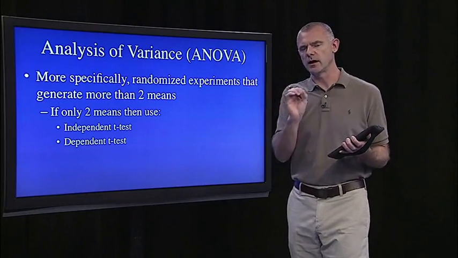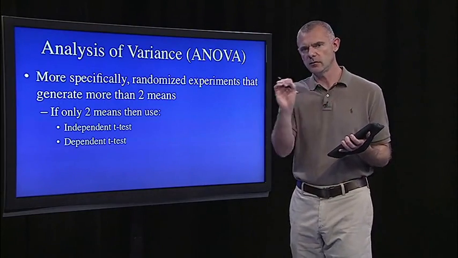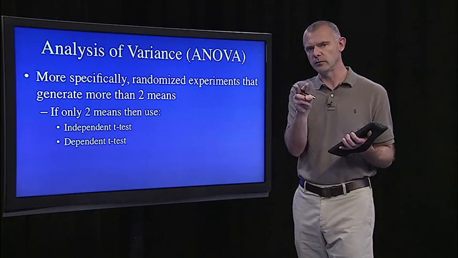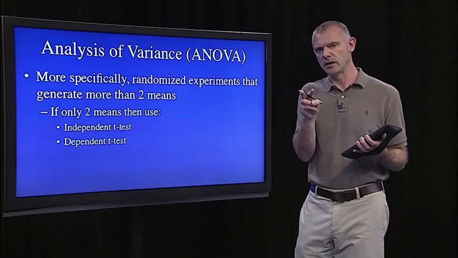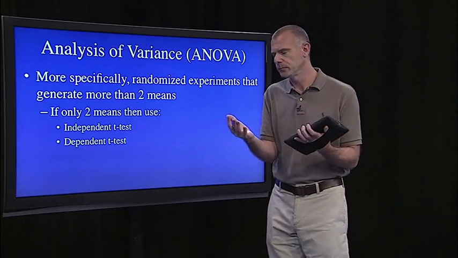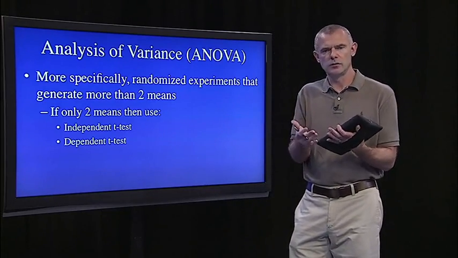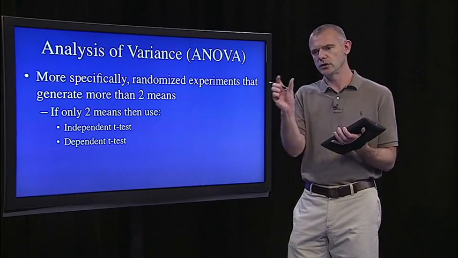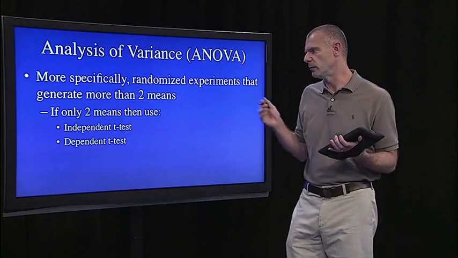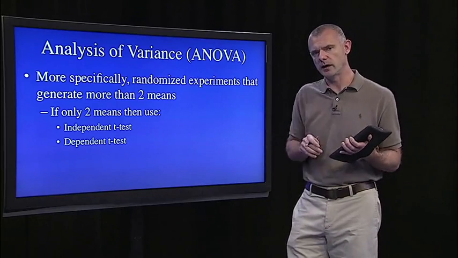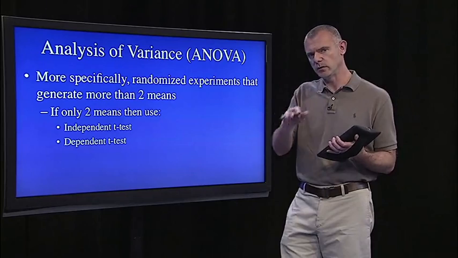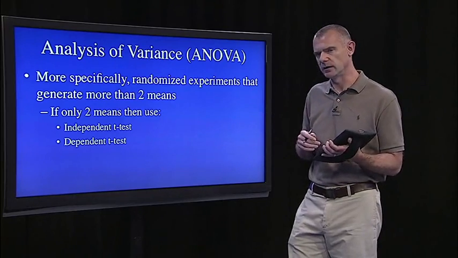Children were randomly assigned to either get the vaccine or a placebo. So there were just 2 levels of the independent variable in that experiment. So there you could just do a t-test. If there are 2 distinct groups, that's an independent t-test. If there are 2 paired groups, or the same people in 2 different conditions, that's a dependent t-test.